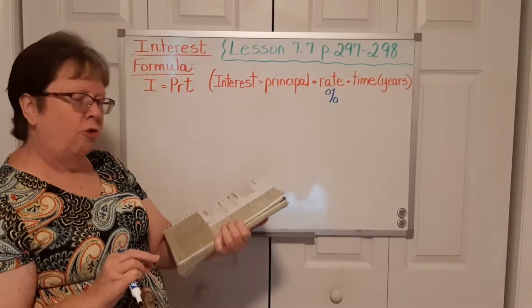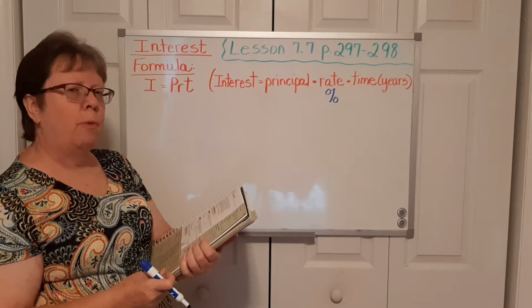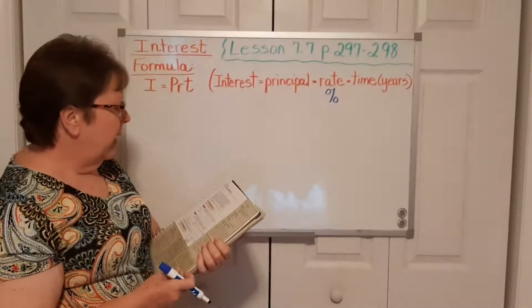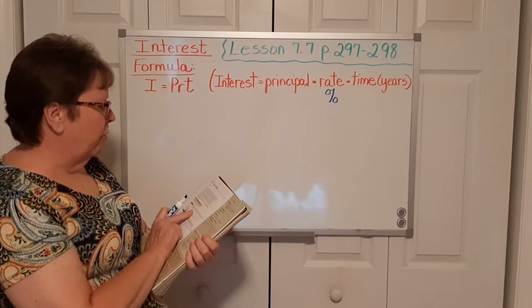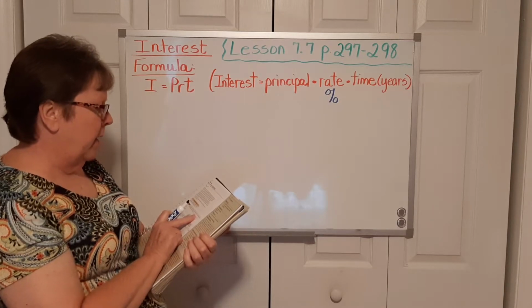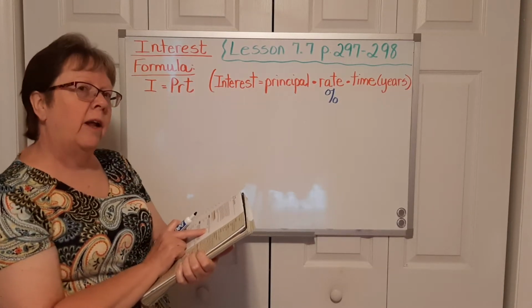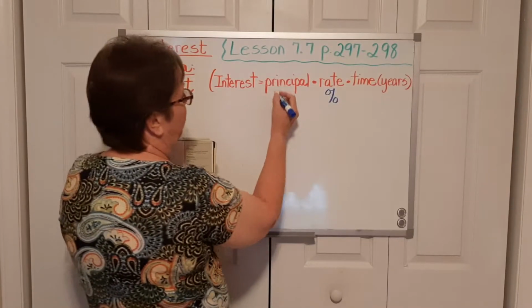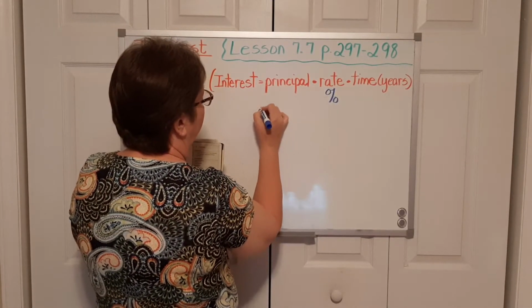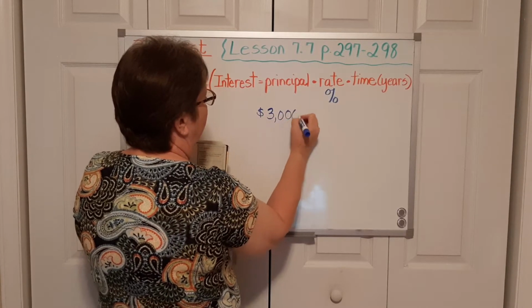Okay, all right, now I am at the bottom of page 297 on example number 1. It says, find the simple interest earned from a one-time investment of $3,000. Okay, there's your principal, your $3,000. So I'm going to plug that in here where it says principal.